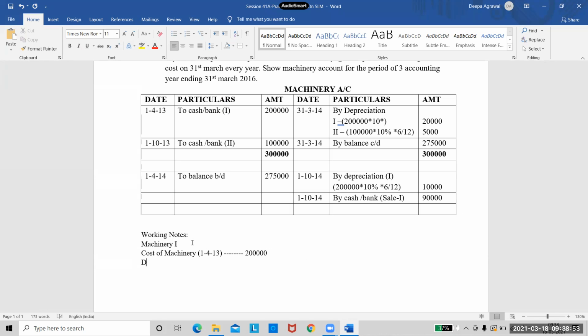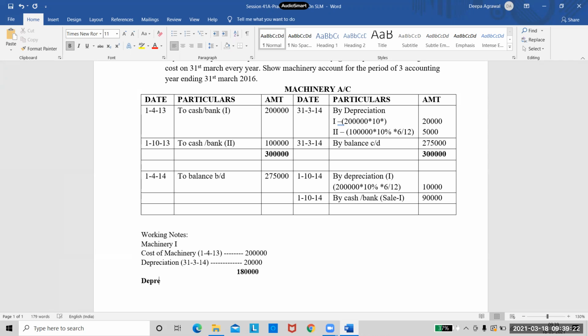I provided depreciation. Right. So depreciation in the first year, when did I provide it? 31st March 2014. How much depreciation did I provide? I provided 20,000. So deduct that 20,000. How much do you get? 1,80,000 is what I had at the end of the first year.